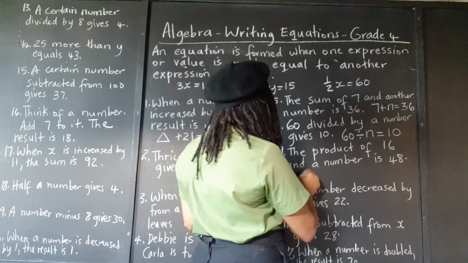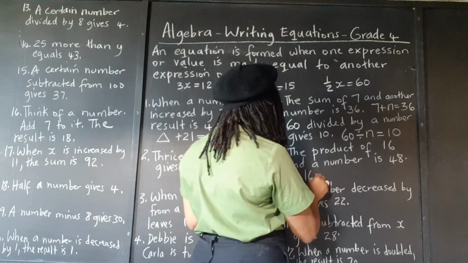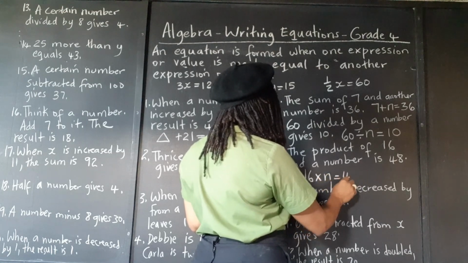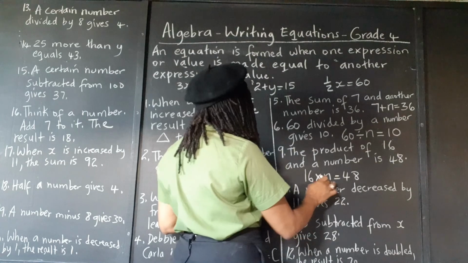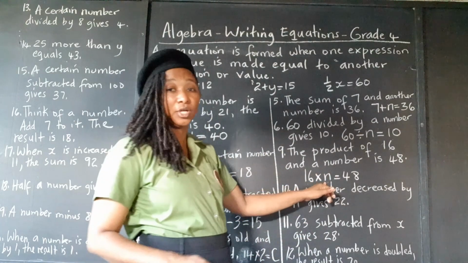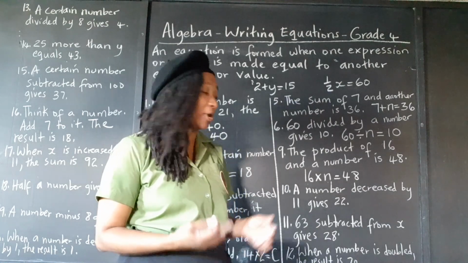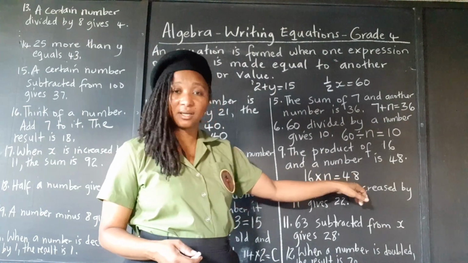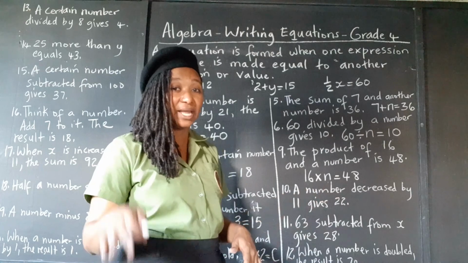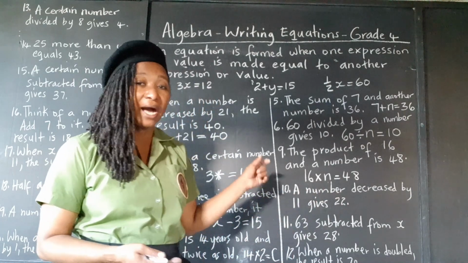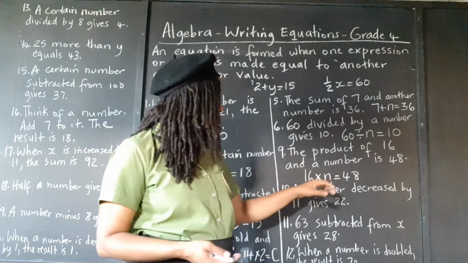So the product of 16 times a number gives 48. This is the product of 16 and the unknown number. We would be asked to find out which number, when you multiply it by 16, you get 48. What is the number? In the next video we're going to see the steps to take to actually solve the equation for the unknown number.